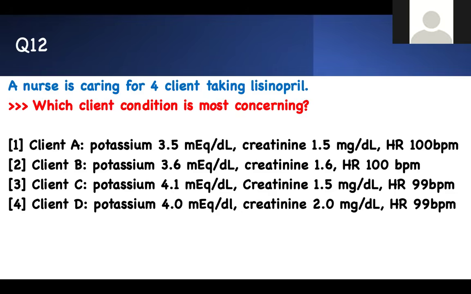And I see the highest creatinine is what? 2. The heart rate does not affect your heart rate, so I'm not even worried about it. That's a trap. Therefore, which patient should we worry about? The one with the higher creatinine. Number 4. This is the strategy. To answer questions, you have to go with the buzzwords, and the buzzwords are the key in the question. It's Lisinopril, most concerning.